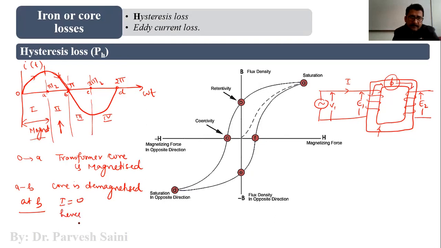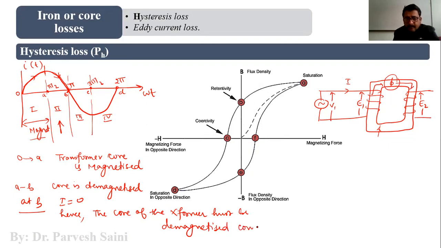Hence, the core of the transformer must be demagnetized completely, right? This is what shall happen.